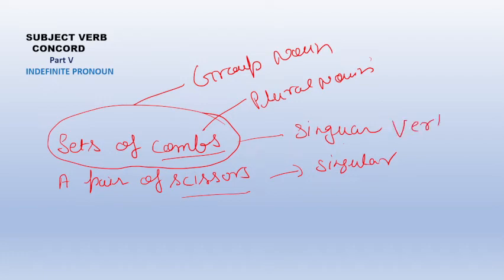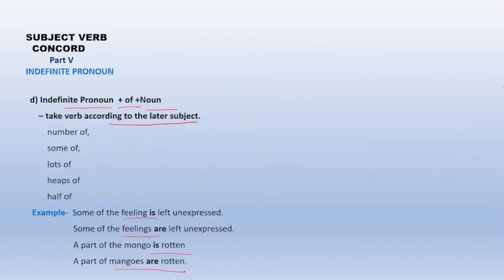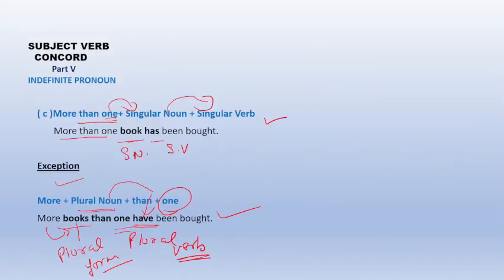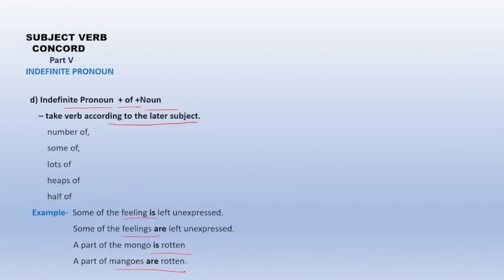But if we are having indefinite pronouns like number of, some of, lots of, heaps of, half of, in such cases we will place our verb only according to the noun that has been placed just before the verb.